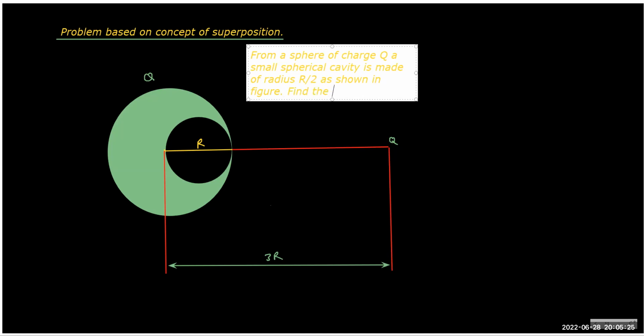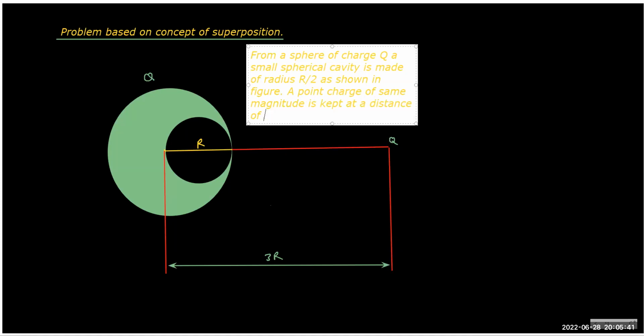A point charge of same magnitude is kept at a distance of 3R from the center of the sphere.